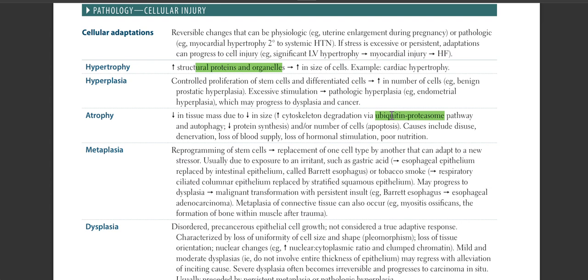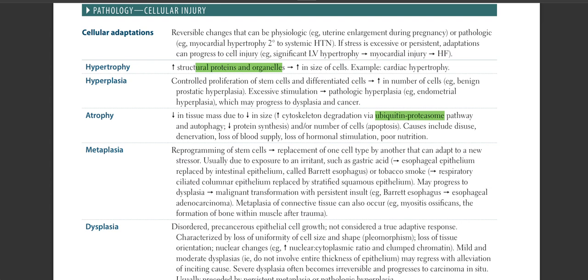What are two ways in which the number of cells is reduced?